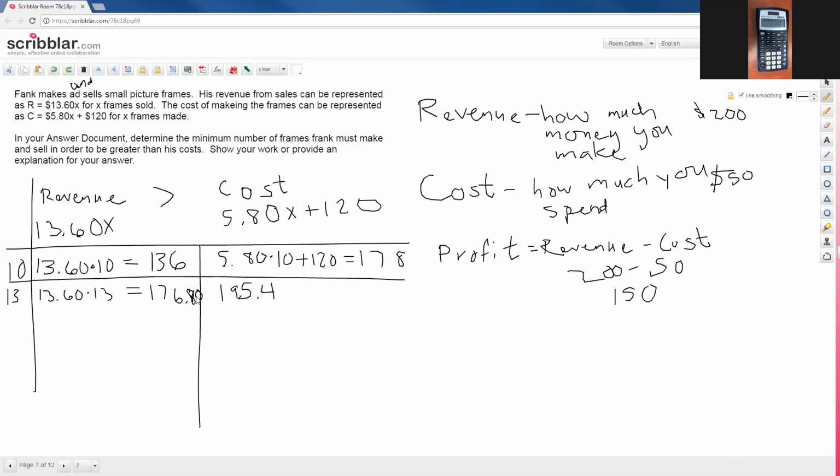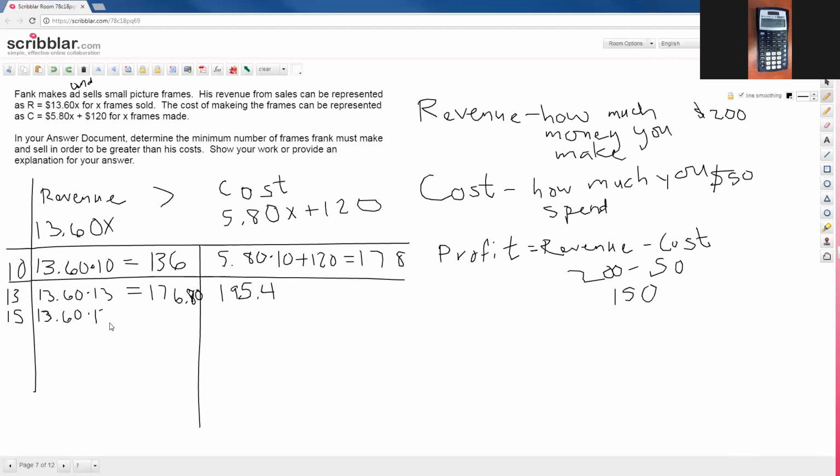Revenue is still smaller than cost, and we wanted bigger. So what number of frames would you want to try next? 15. So now we try our 15.